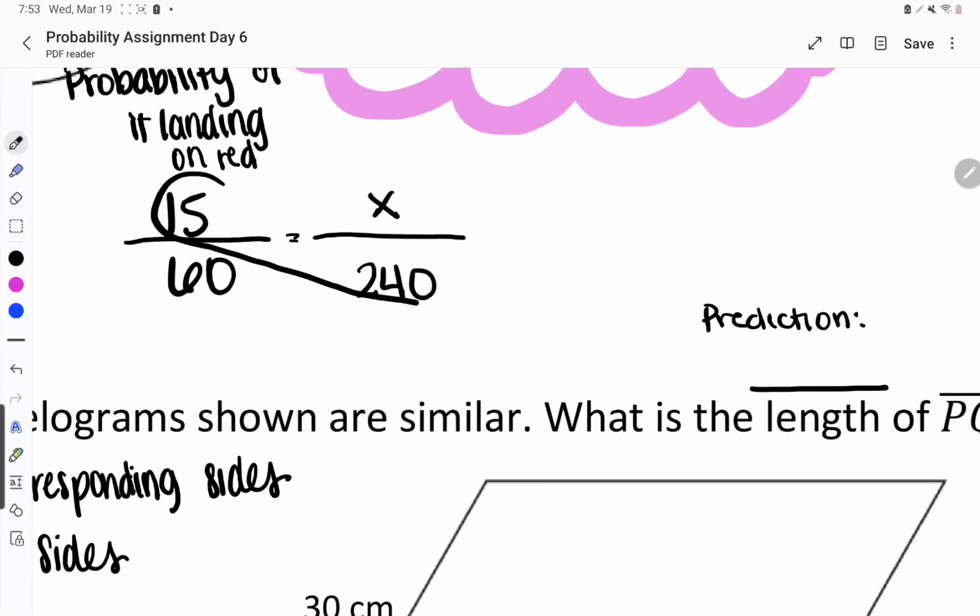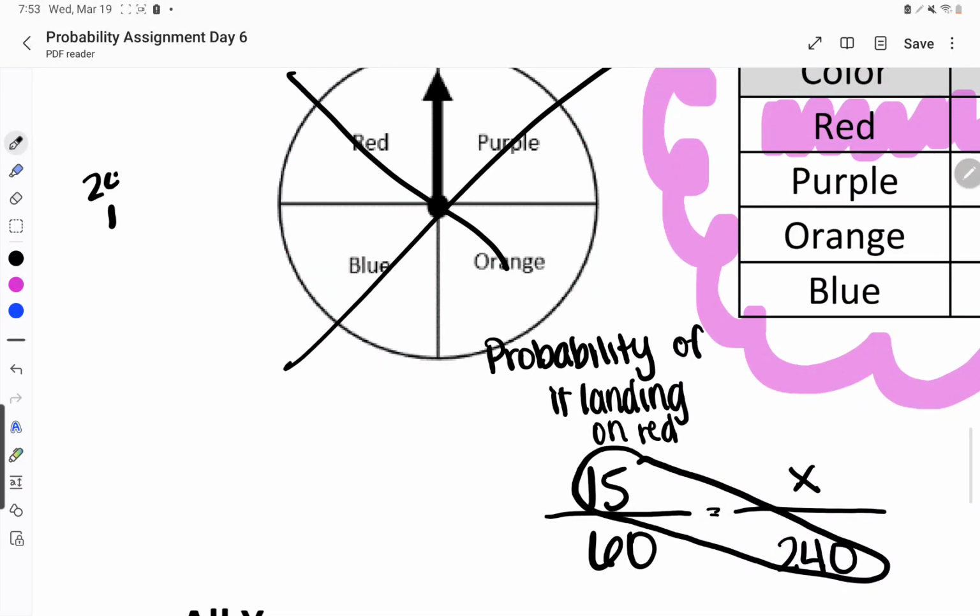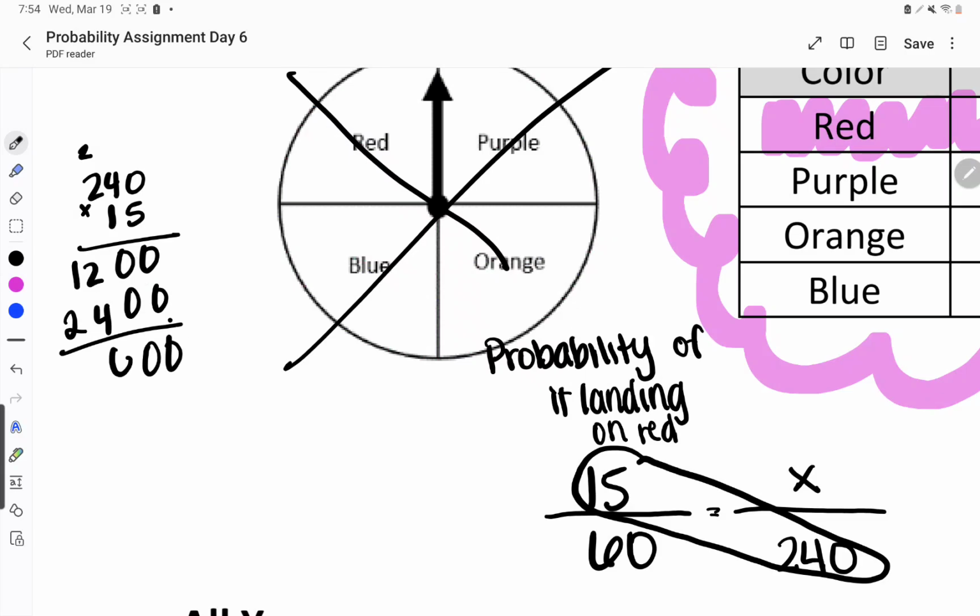So I do 15 times 240, which we'll do off to the side over here. Five times 0 is 0. 4 times 5 is 20, so I write down a 0 and carry my 2. 5 times 2 is 10 plus 2 is 12. Add another 0 on the second row. 1 times 0 is 0. 1 times 4 is 4. And 1 times 2 is 2. Add it all together.